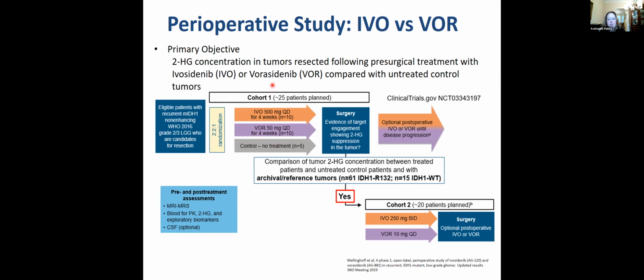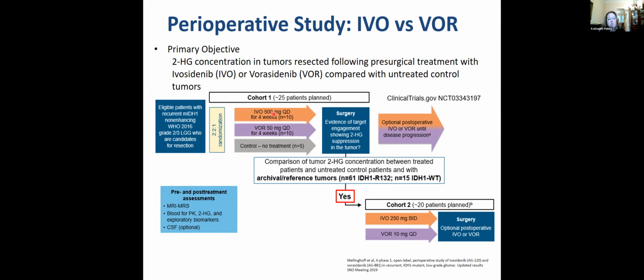And the second study that we also enrolled in here at Duke was a very interesting study where we looked at patients that had recurrent mutant IDH1 tumors that were non-enhancing. They could be grade 2 or grade 3 patients.